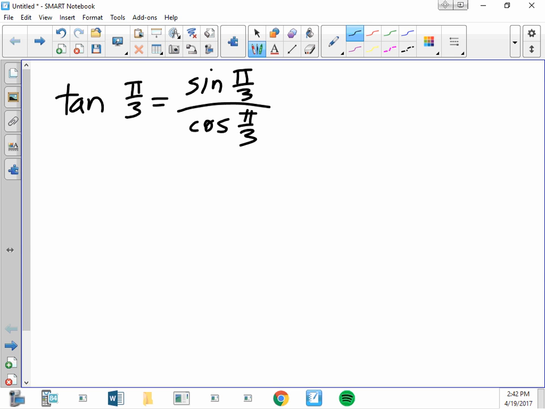Where is pi over 3? Quadrant 1, so sine is positive. Where is pi over 3 again? Quadrant 1, cosine. So they're both positive. The half angle, you have to decide if it's plus or minus.